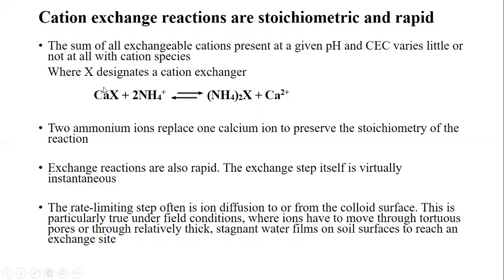Charge for charge. Calcium carries 2 positive charges. We need 2 ammonium cations. Each one of them carries 1 positive charge to replace the calcium. So now we have NH4 2 on the surface of the X, and then calcium is released into solution. 2 ammonium ions replace 1 calcium ion, to preserve the stoichiometry of the reaction.